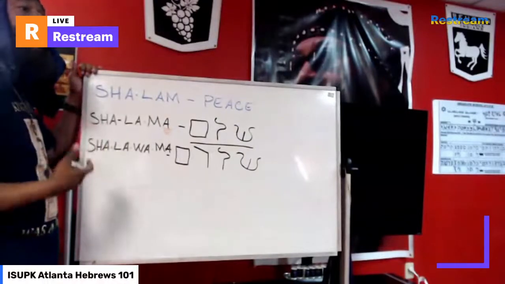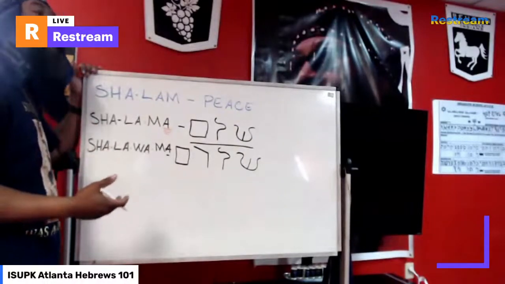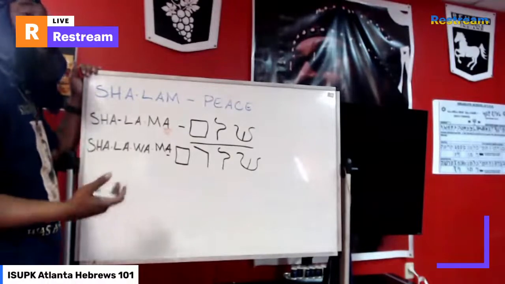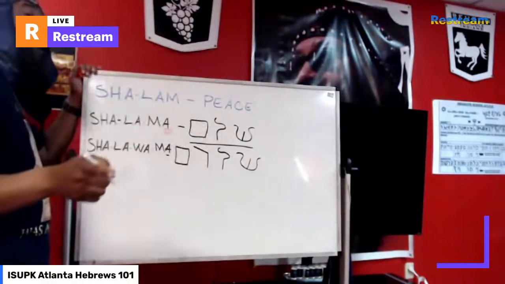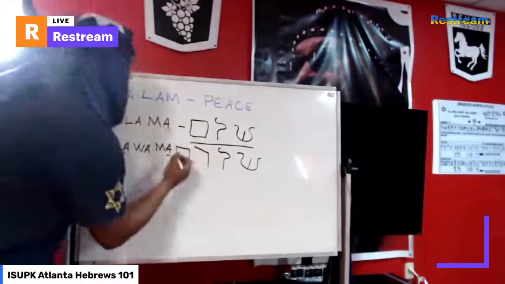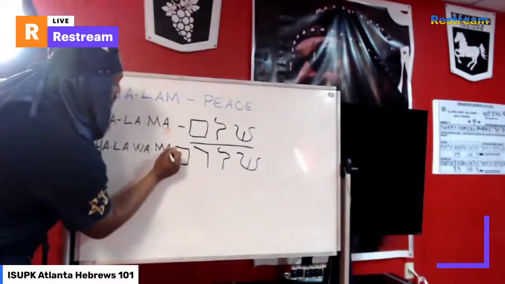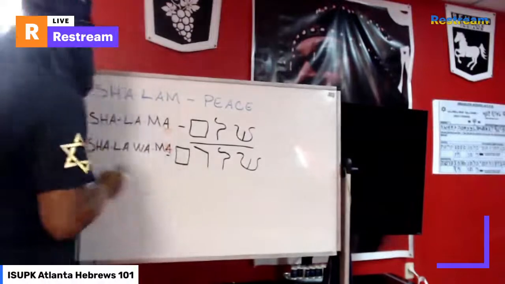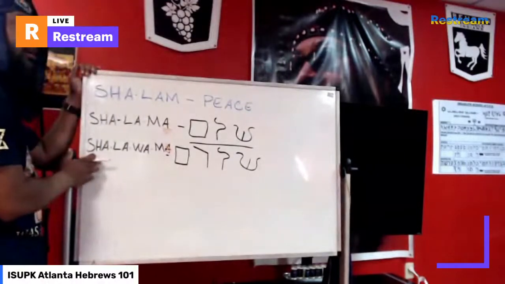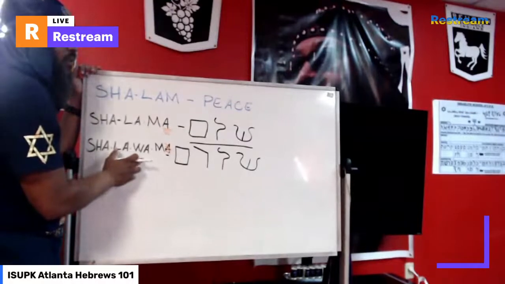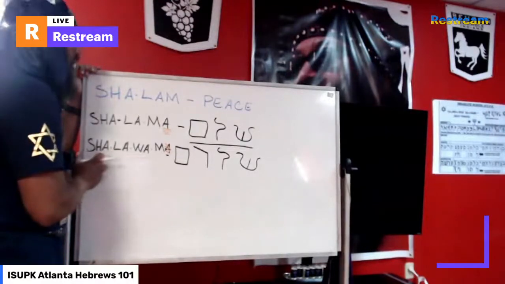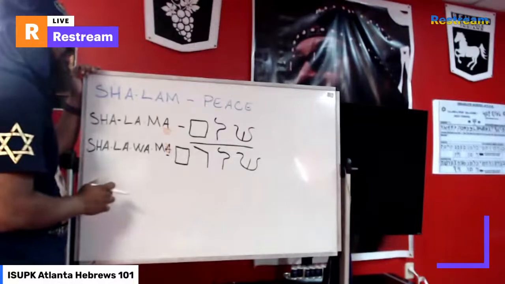Now, here is what other people who know themselves to be Israelites but cannot necessarily read the text correctly will say. So now remember how we said I will drop the A, right? Cool. So now let's drop the A here at the bottom. Now people want to say Shala and then Wama. So then they're going to say Shalom.